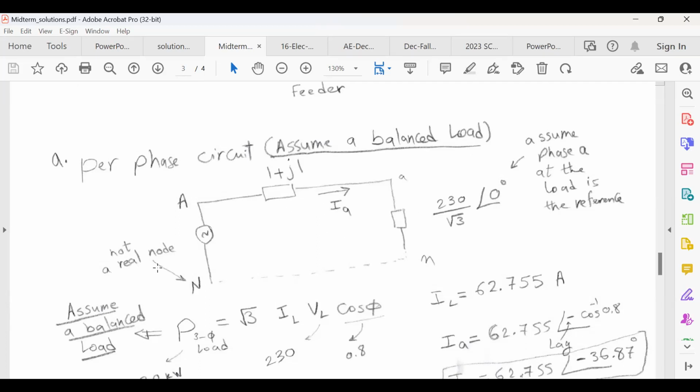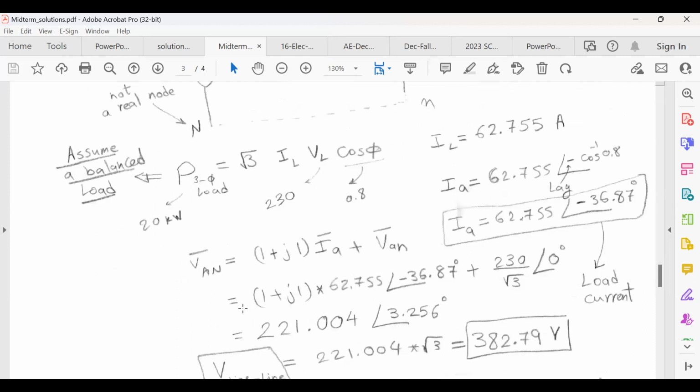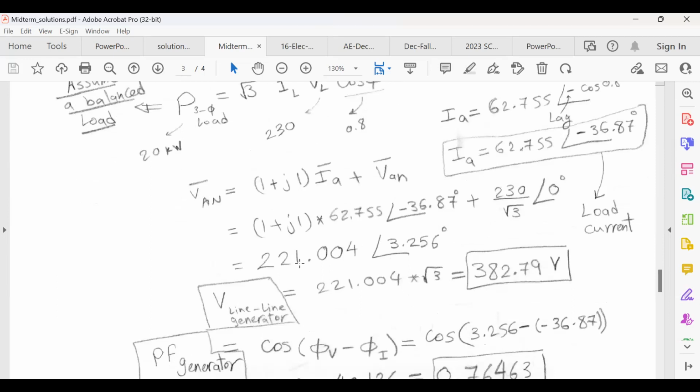This is not like a real node, of course. And this is your generator side. You calculate the current magnitude and you put its angle with a negative sign because it's lagging. You calculate the voltage at the generator, and to get the line to line, you multiply by square root 3.